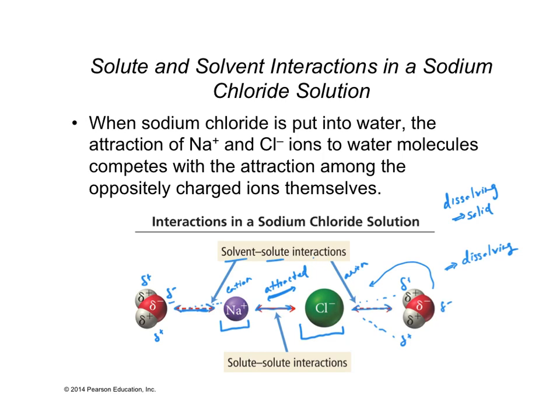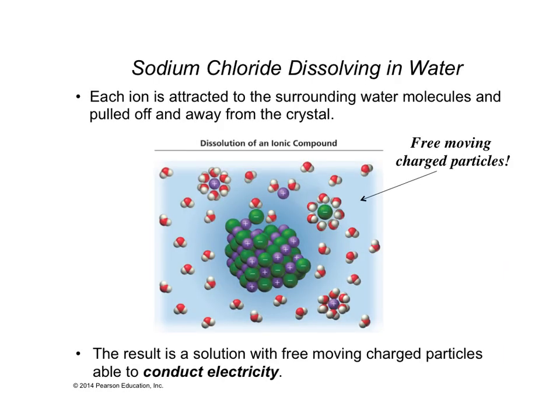Okay, so what does that look like on a large molecular scale? Let's imagine that we have our sodium chloride in here, our big combined solid molecule, and we've got our little partial negative oxygens coming in and doing what is called solvating, completely surrounding these various ions that they're interacting with.